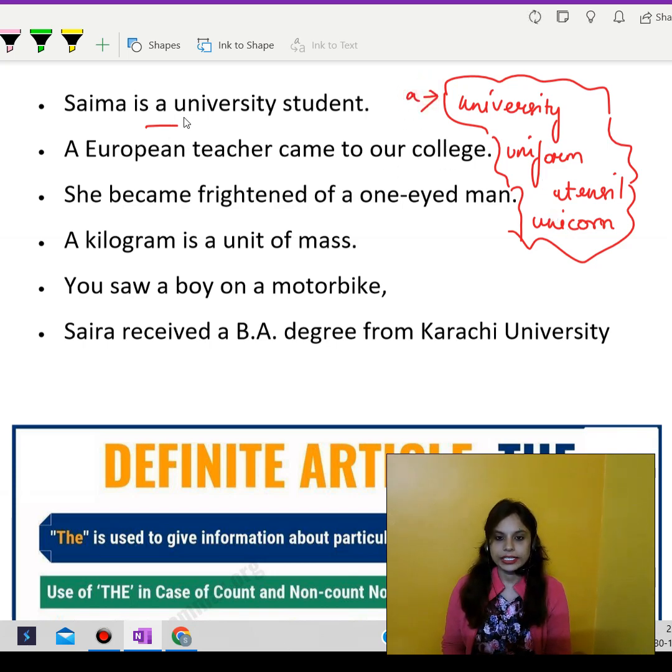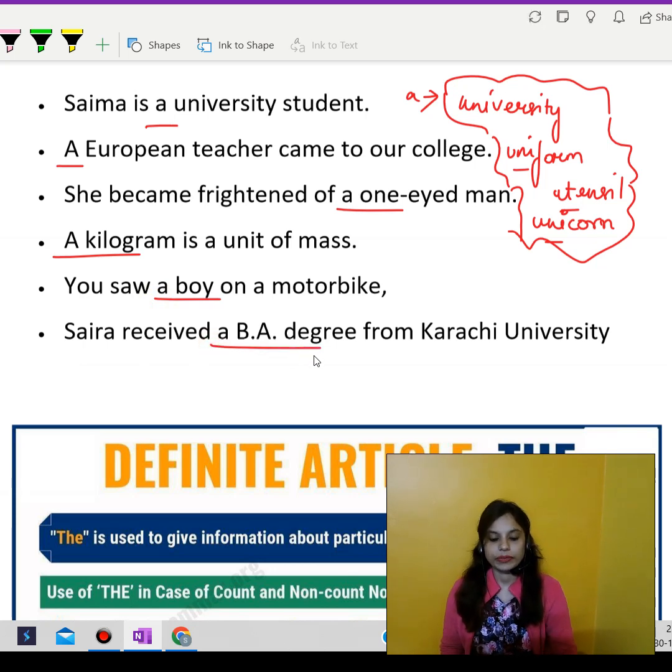Like Saima is a university student. So in front of uniform also a will go, utensils also, and unicorn also. A European teacher came to our college. So in front of European we are going to use a. She became frightened of a one-eyed man. So in front of one it would be a and not an. A kilogram is a unit of mass. You saw a boy on a motorbike. Saira received a BA degree from the Karachi University. Okay, a BA degree.